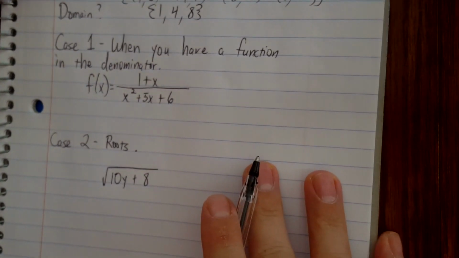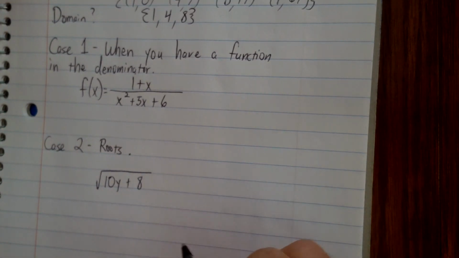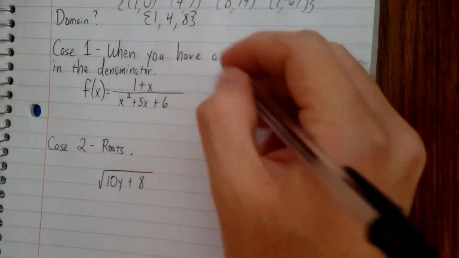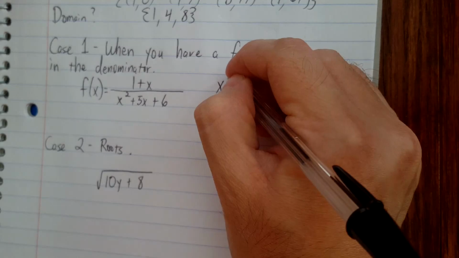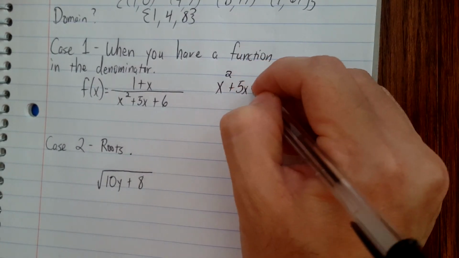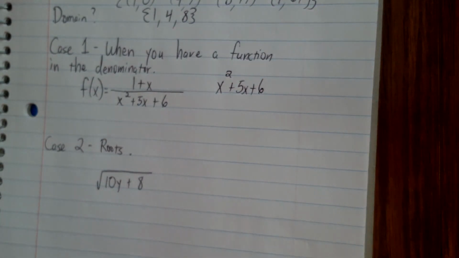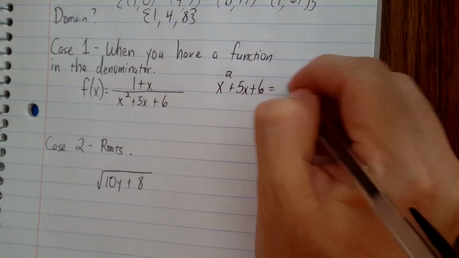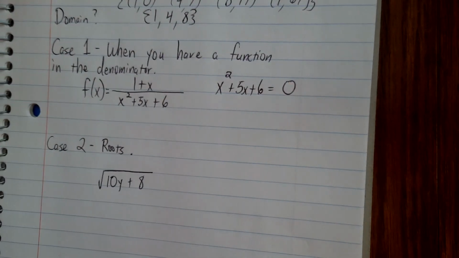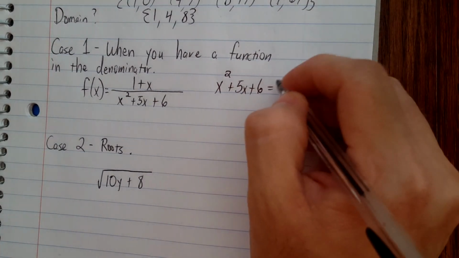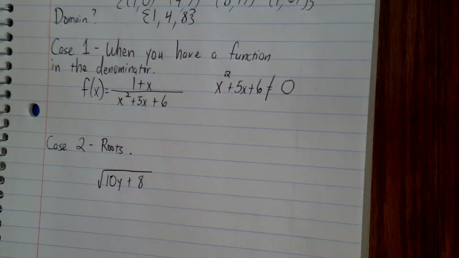Okay, so to find out those numbers that make the denominator 0, or that we don't want, I'll show you how to do that. This is how we're going to set this up. I need to make sure that the denominator, which is represented by x squared plus 5x plus 6, I need to figure out when this denominator is equal to 0, and then when I write my domain, I'll have it as these are the values that I do not want.